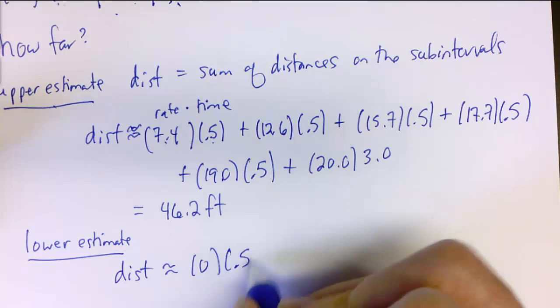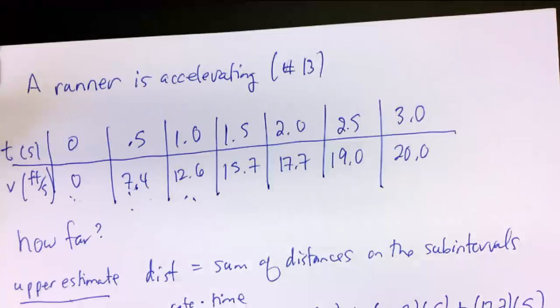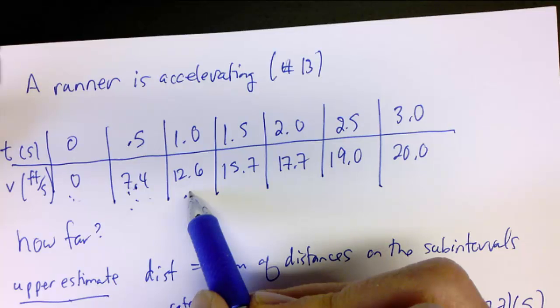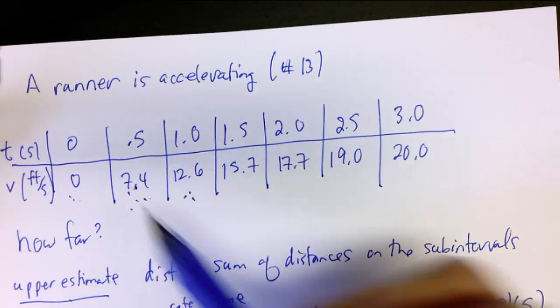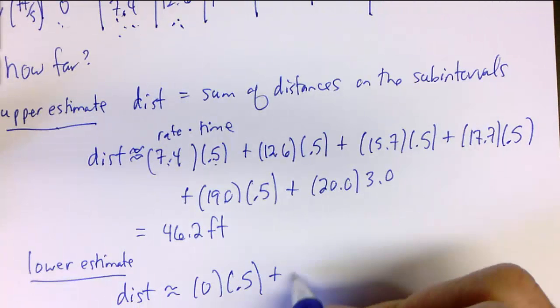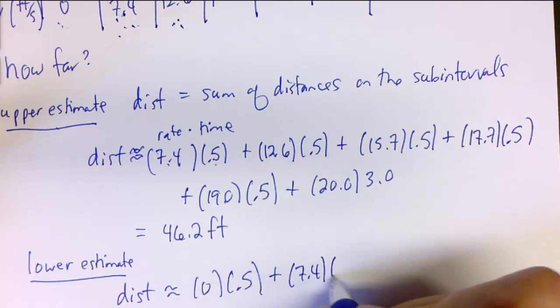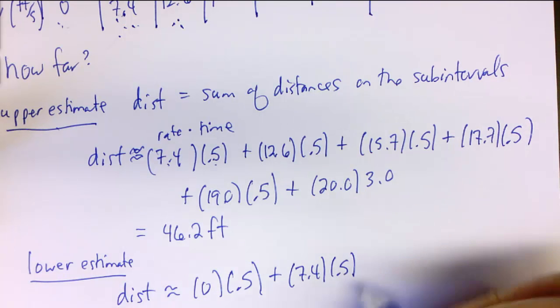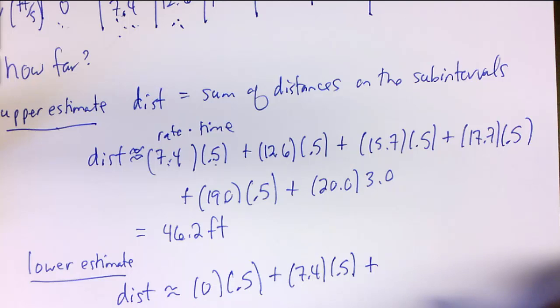So we're going to have 0 times 0.5. On the second subinterval, the slowest she was going was 7.4. So we're going to use 7.4 as our underestimate. So it's all mostly the same terms that we used in the previous sum. For the third subinterval that goes from 1 second to 1.5 seconds, her minimum velocity was 12.6.